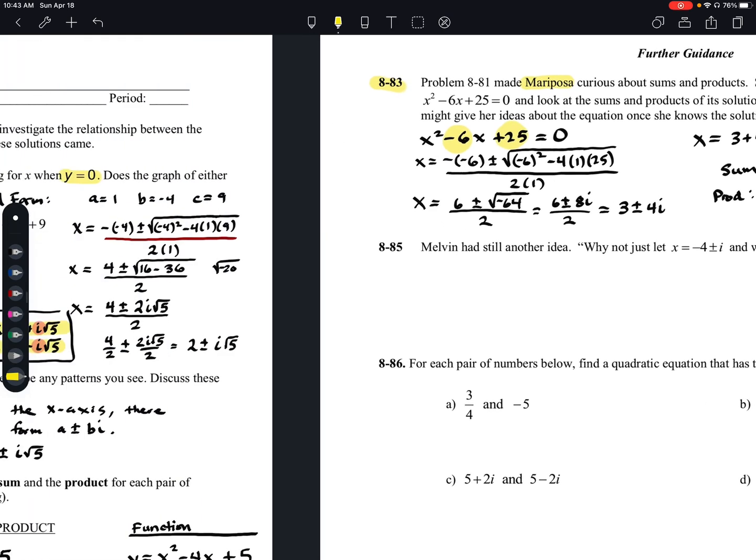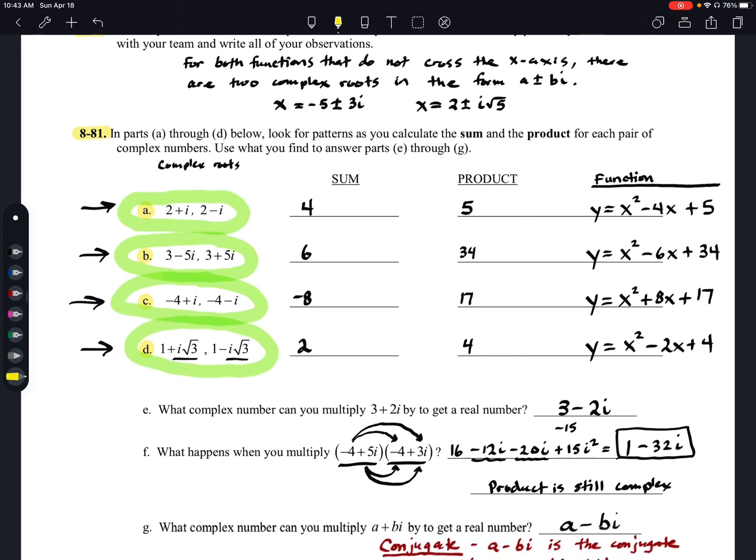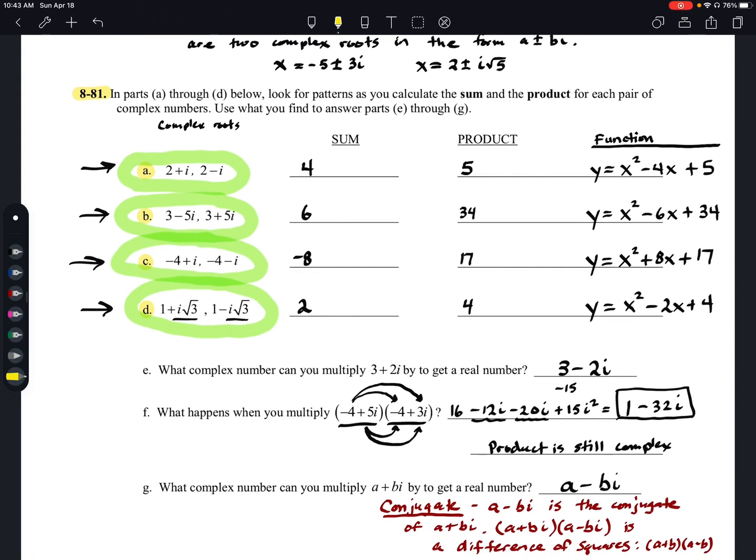Let's jump back to 8-81 and think about the equations that we had here. For letter A, 2 plus i and 2 minus i, we ended up with the function y equals x squared minus 4x plus 5. So notice here, positive 5 and positive 5, and we've got a -4 and a positive 4.